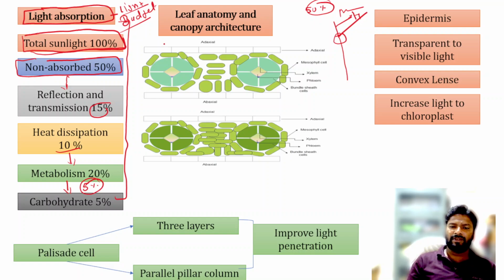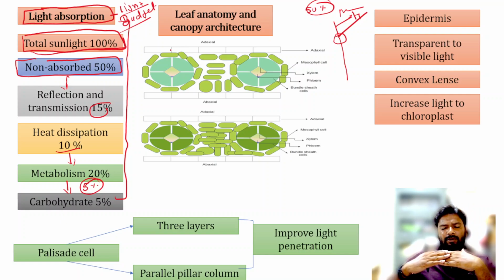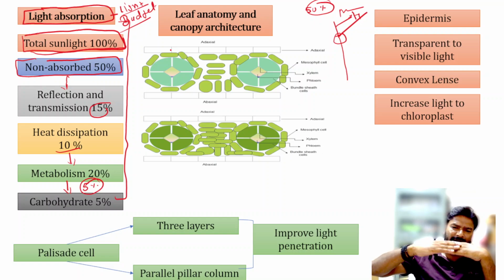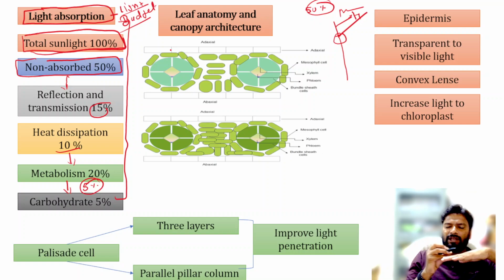Also friends, this is the leaf anatomy. You know that the leaf has first the epidermis, then the mesophyll, then the endodermis. The epidermis has some structures present, like the cuticle surface and leaf hairs. Then there are mesophyll cells.